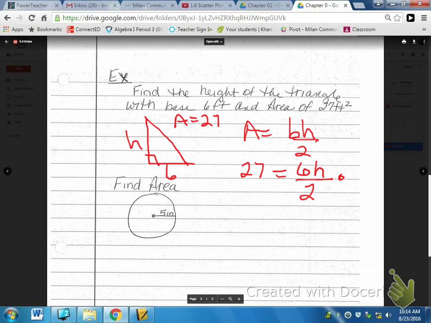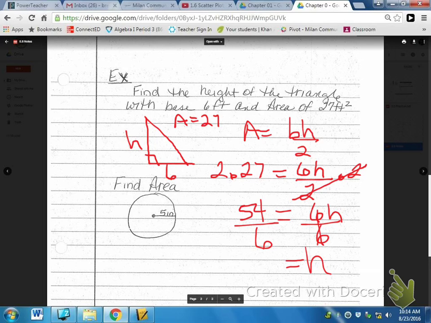I'm going to multiply both sides by 2. And that cancels out this denominator of 2 over here, and you get 6h on the right, 54 on the left. Yeah, you could use either formula. And then divide both sides by 6.